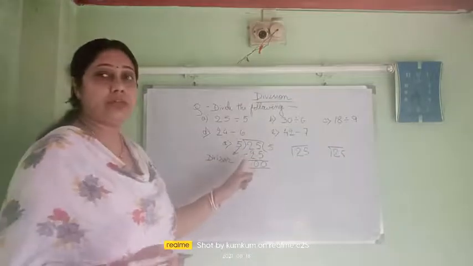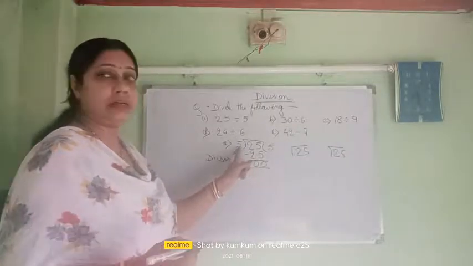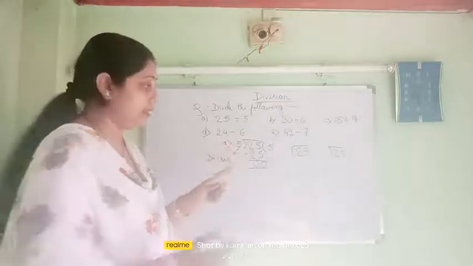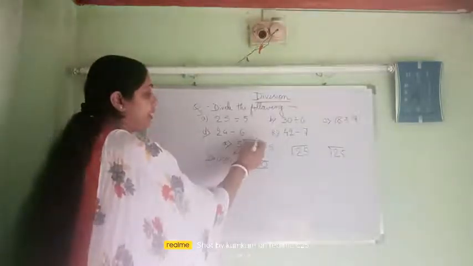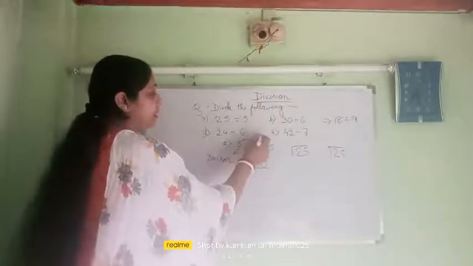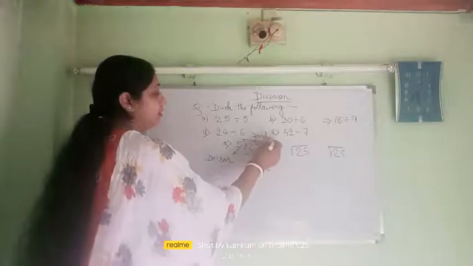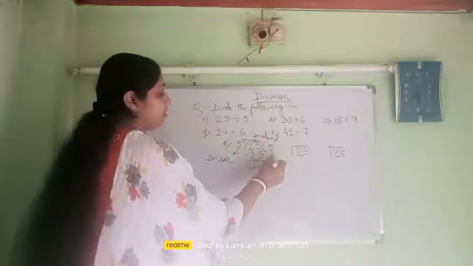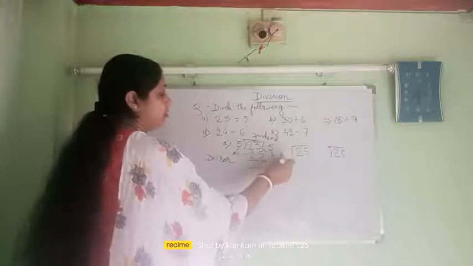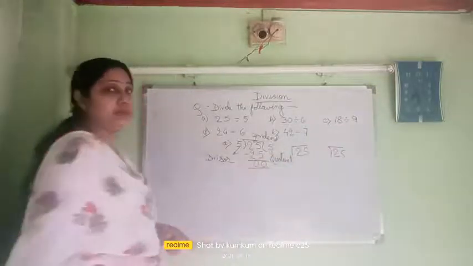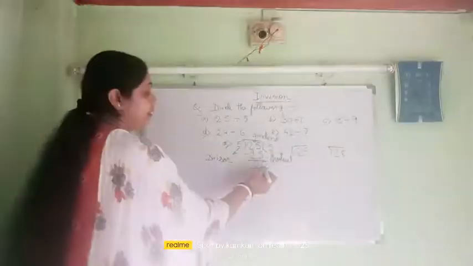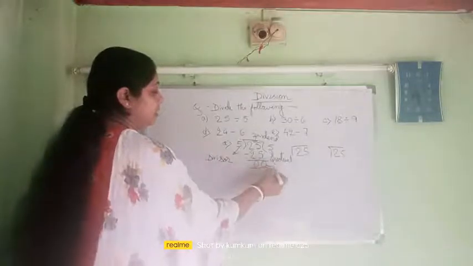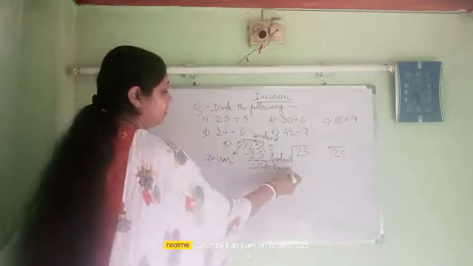The number by which you are dividing, the smaller number, is known as the divisor. The greater number is known as the dividend. The answer that comes is known as the quotient, and the remaining part is known as the remainder.